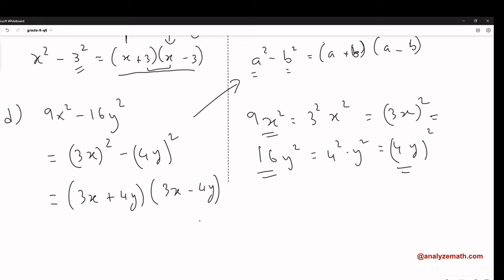Again, we can check very quickly. 3x by 3x, 9x², it's here. And then 3x by −4y gives you −12x y, and then this gives you +12xy, which is 0. 4y by −4y gives −16y². So the factoring is correct.